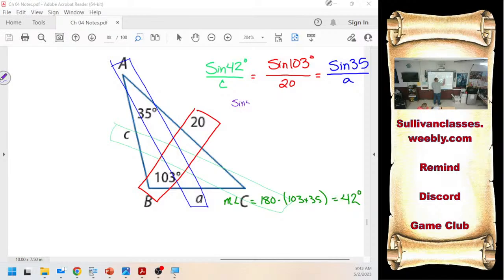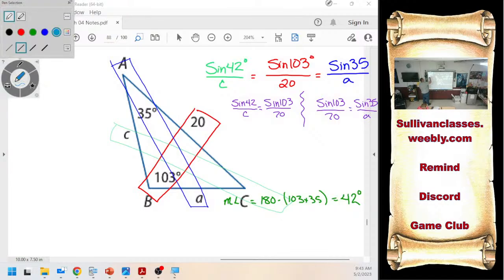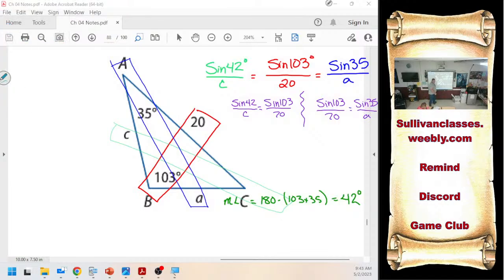This is sine of 42 over C equals sine of 103 over 20, and sine of 103 over 20 equals sine of 35 over A. Now you either cross multiply, divide by whatever's in front of your variable, or, multiply the two that line up, divide by the one that doesn't.